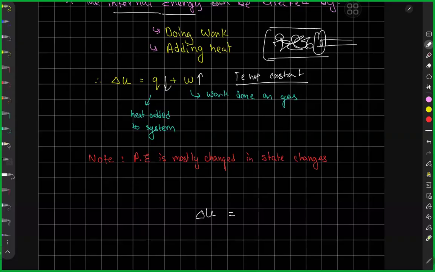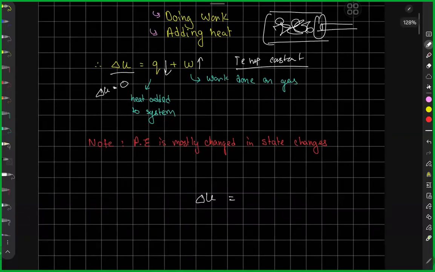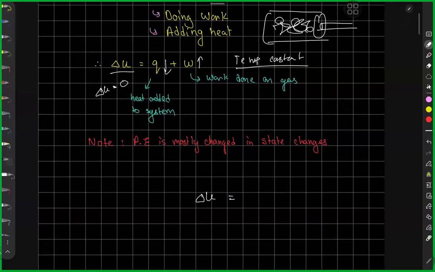If my temperature is constant, my internal energy doesn't change. Del U is zero. So if the question tells you I'm doing work on the system, but temperature is constant, what is happening to the heat of the system? Heat is exiting the system. It has to. For the internal energy to remain constant, the heat has to get released from the system.